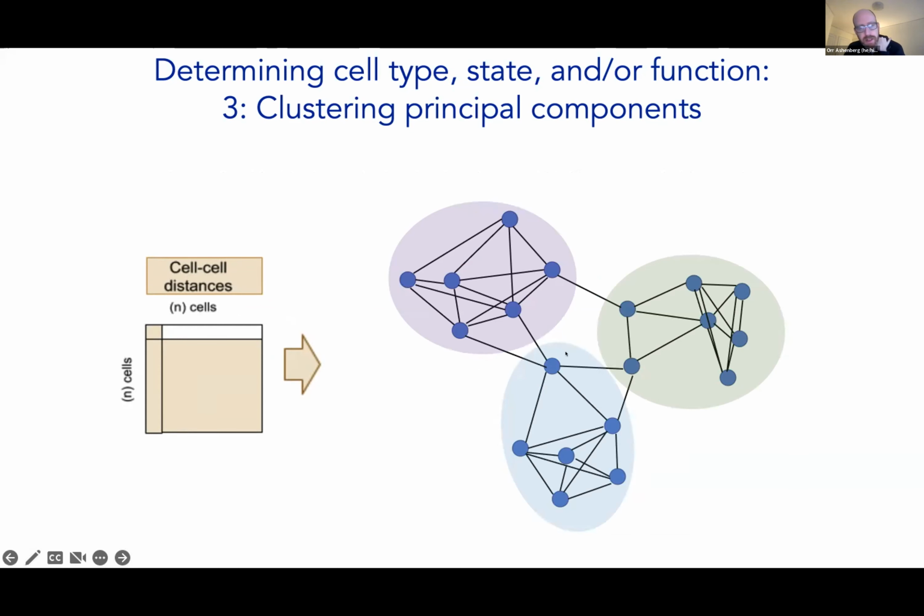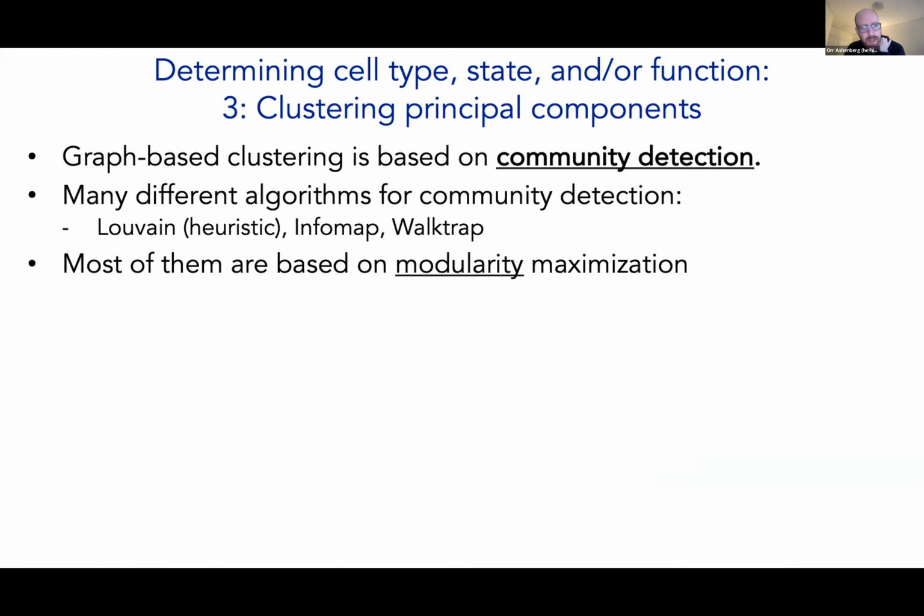And the clustering method that we use is often these graph-based clustering methods that come from, I think, network and graph theory worlds, but they're based on these algorithms for community detection. These have often been used in social media, like Facebook or Twitter, to look at how connected you are to your friends or followers.